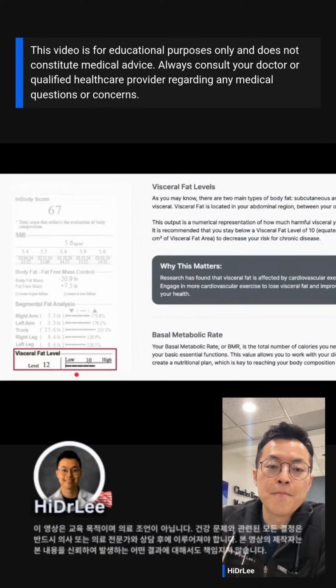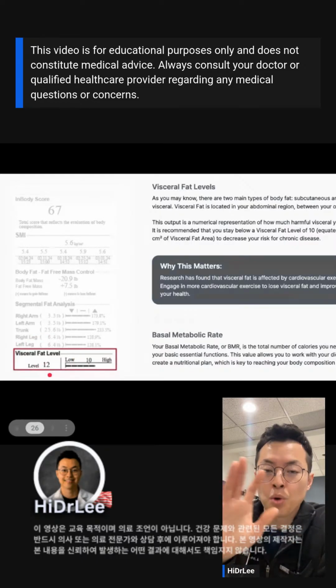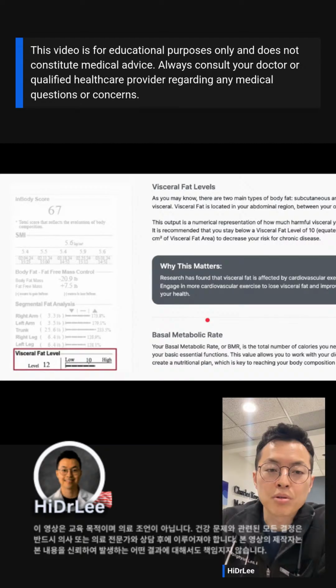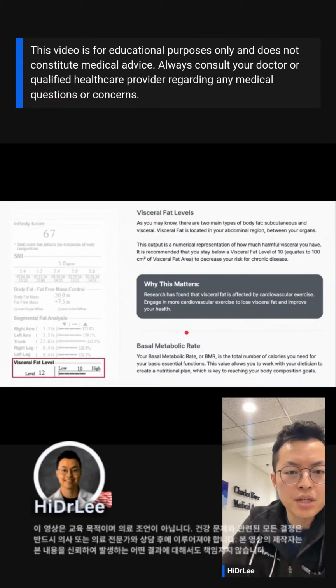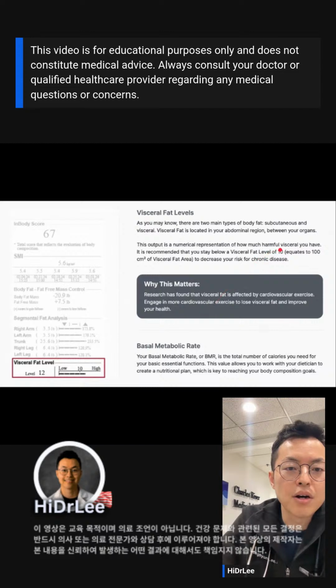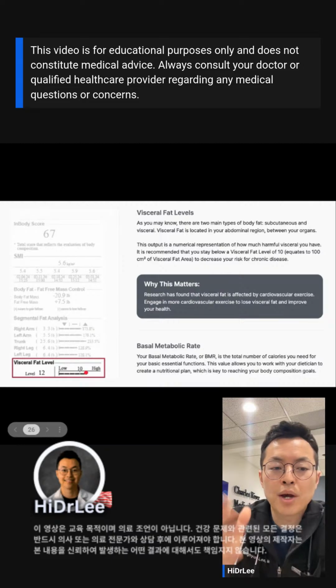Fat could be within the belly. It could be inside the organ, and the InBody helps measure the visceral fat that surrounds the organ, which is more important than the fat under the skin. There's a range from 1 to 20, and level 10 is where we start to worry about metabolic syndrome.